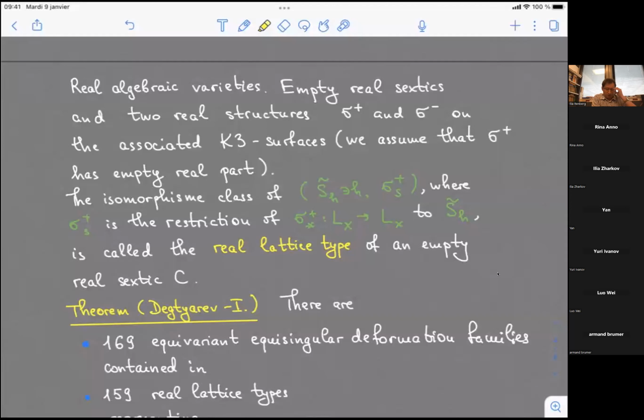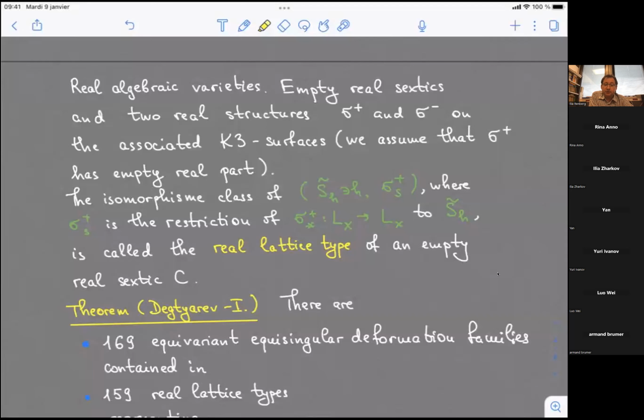Once again, you consider the complex point set of your sextic, you take the double covering of CP2 ramified along this complex point set of your sextic, and you take the minimal resolution of singularities. But if your initial sextic was real, then you get some extra structure on the K3 surface obtained. So you get a real structure.